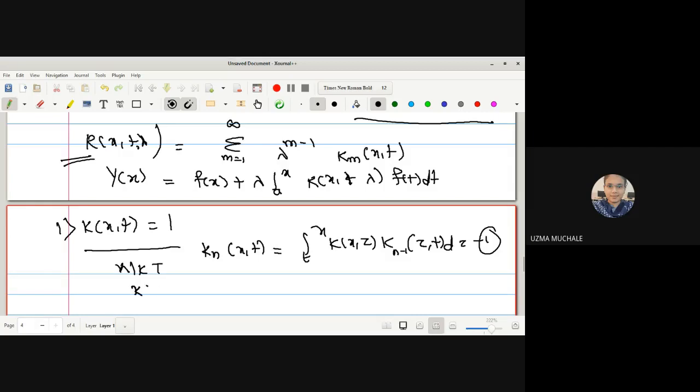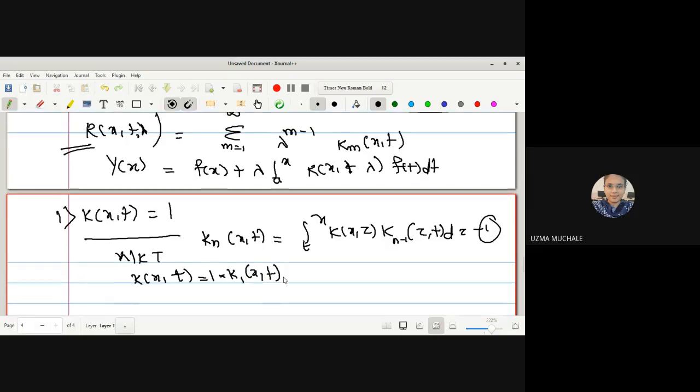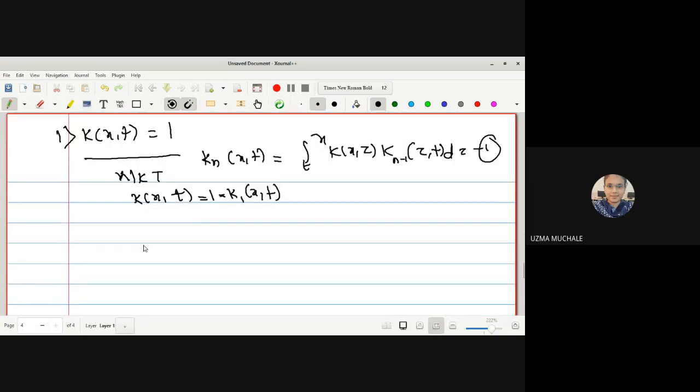Now the given kernel k of xt, which is 1, is nothing but your first iterated kernel, k1 of xt. Now we have to substitute n equal to 2 to find the formula. What is the question? Find the resolvent kernel for k of xt is equal to 1.